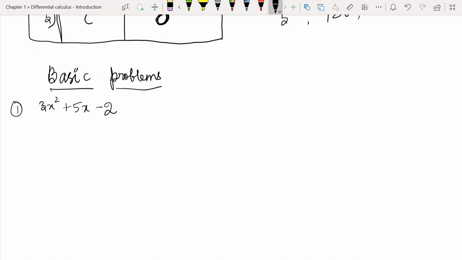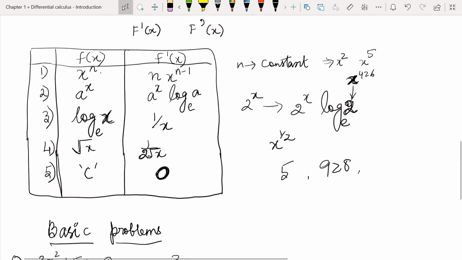So this constant, we're going to write the 3 as it is. Don't do anything to the constant. Come to this term x square. How are we going to differentiate x square? Using the above formula, x power n is, bring the n to the side, into x power n minus 1.